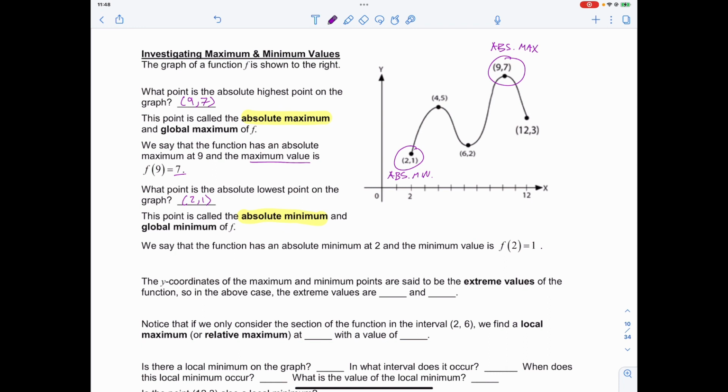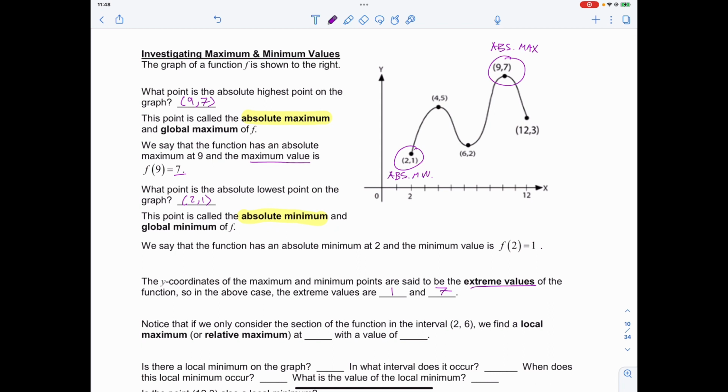The y-coordinates of a maximum and minimum points are said to be the extreme values of the function. So in the case above, the extreme values are 1 for the minimum and 7 for the maximum value.